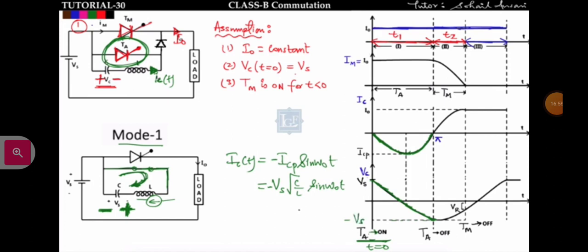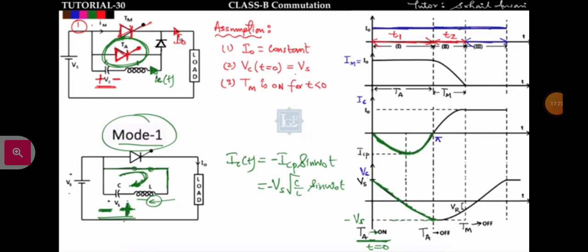Got it? So when thyristor Ta is triggered, the capacitor current equation will be ICP sine omega naught t, like this. It will be sinusoidal from 0 to pi, and at the same time the capacitor voltage will discharge, and again charge with reverse polarity from minus to plus, like this. Meaning at the end of mode 1, what will be the voltage across the capacitor?